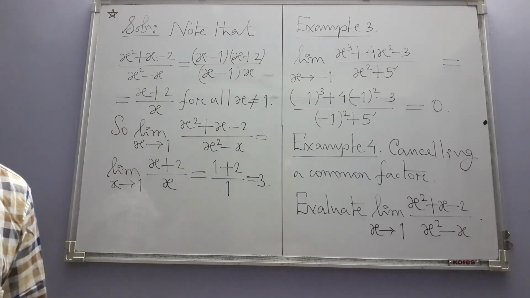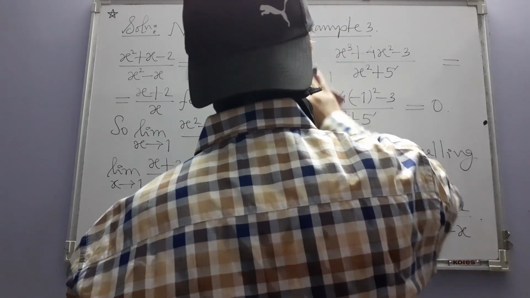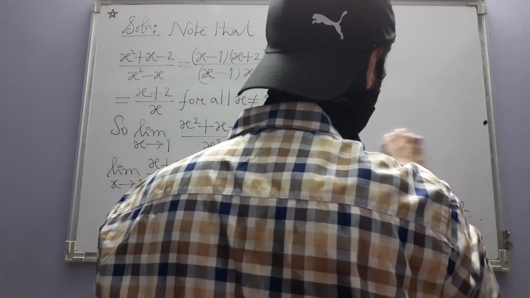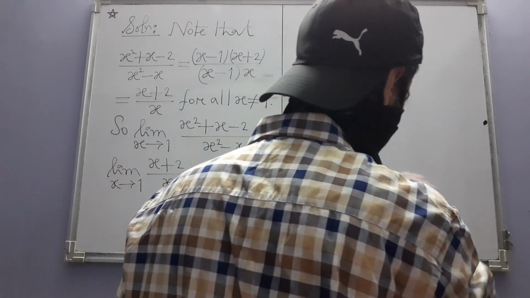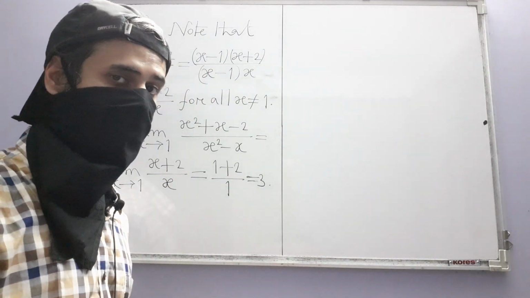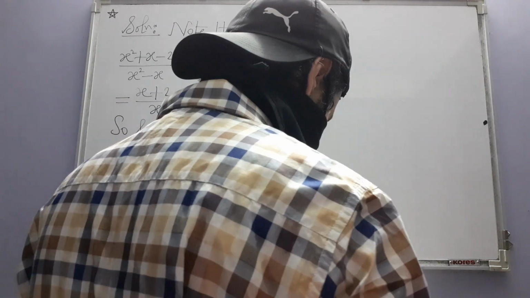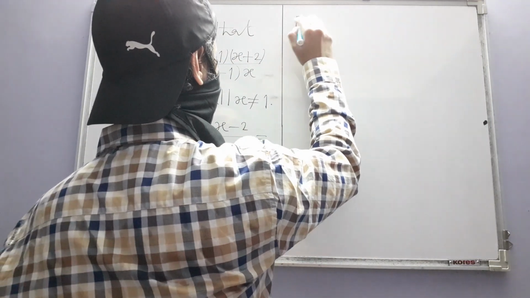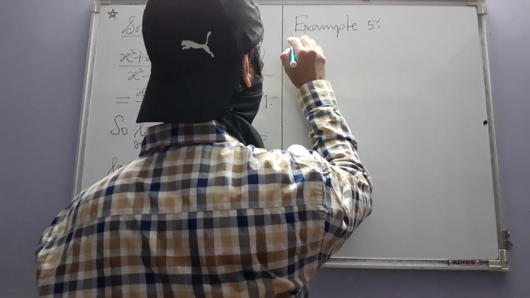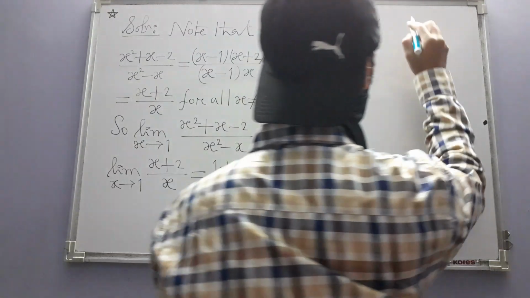Okay, but things can get even a little more complicated than this also in a similar situation. It may not be obvious that you have a factor that is common that can be cancelled, but you may have to produce such a factor. So the next example is about that. Creating and cancelling a common factor.